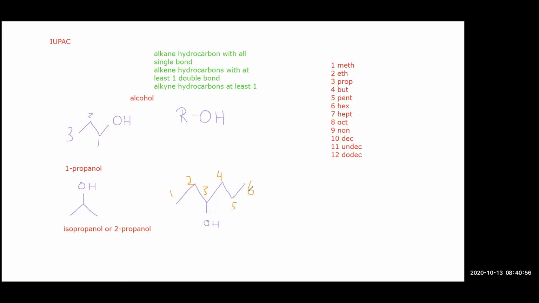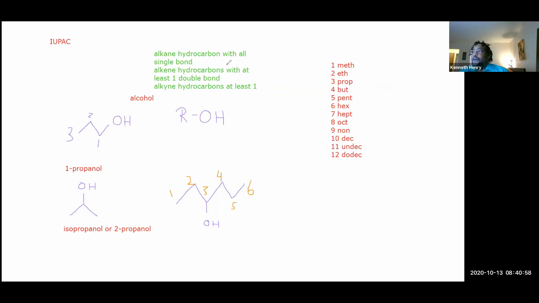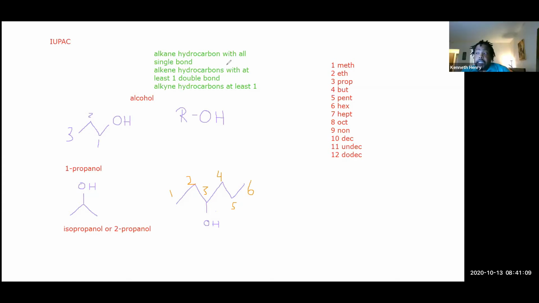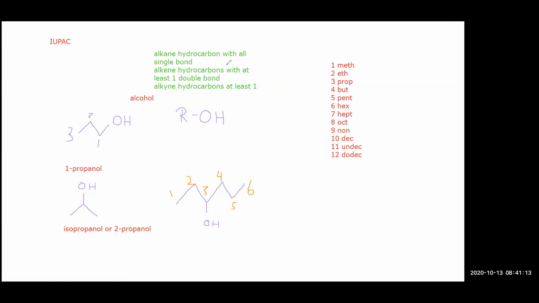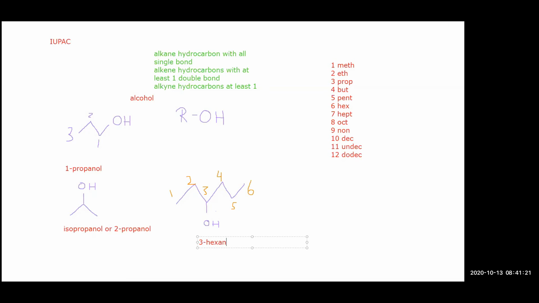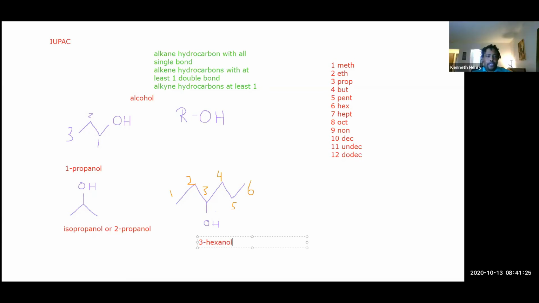Hexanol. Okay, but where's the OH? Is it at the 1 or where's it located? So you have to give me the location. 3. Okay, so is that the shortest distance? Yes. Okay, so then it would be 3-hexanol. That's right. Okay. Piece of cake.